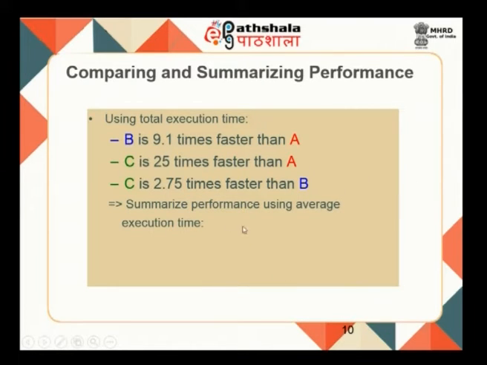You can also summarize the performance using the average execution time. You can take the average of the execution times and try to come up with one value which will summarize the performance.